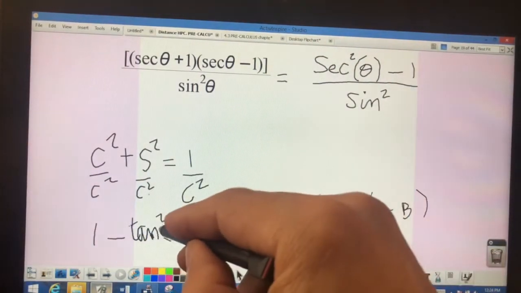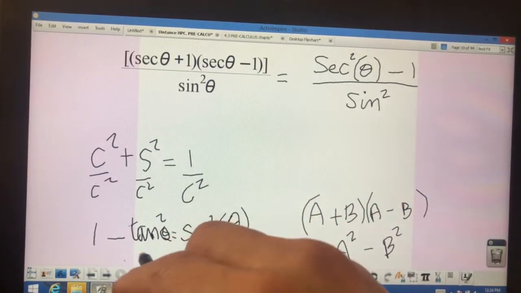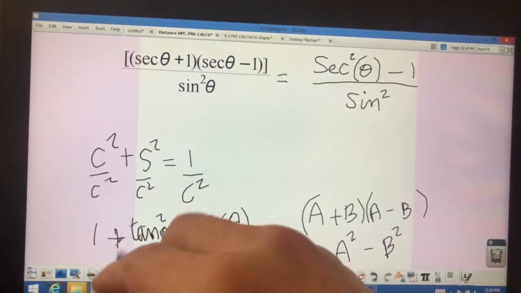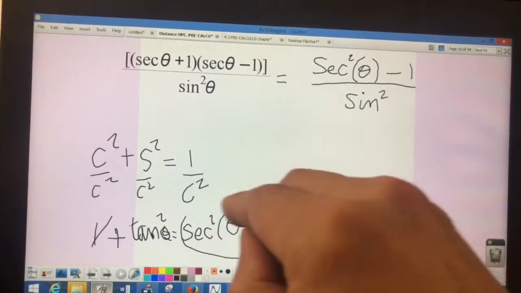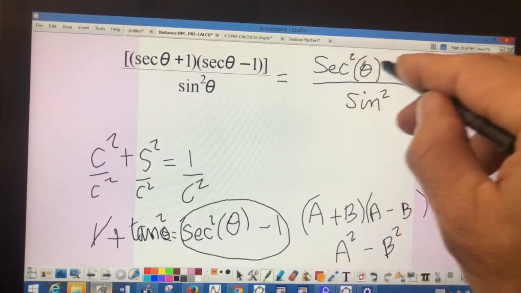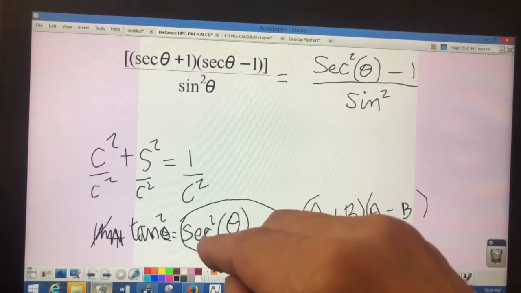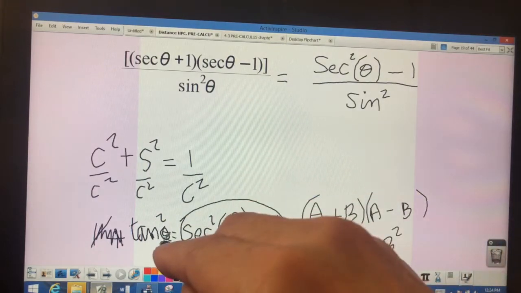I forgot to write the theta, but that's no big deal. So now let's see what I've got. Well, this is plus. Then if you subtract 1 here, notice this here is going to match with that. So what you're doing is you're about to change secant square minus 1 to a tangent square.